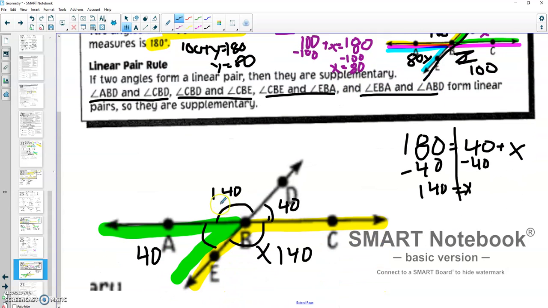And let's see if that works. ABD and CBD. Are those linear pairs? Yeah, because they're right next to each other. They share the same ray and vertex. And if I put them together, it's a straight line.